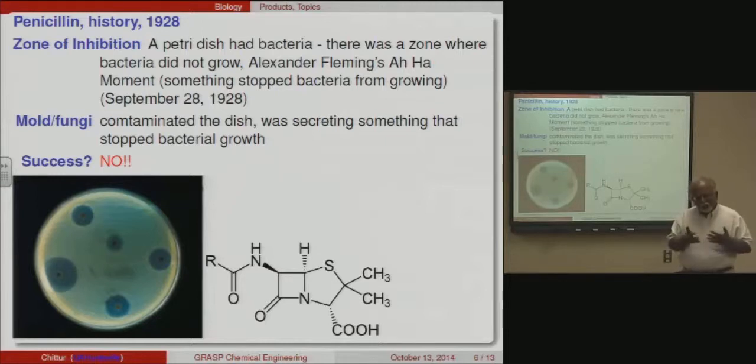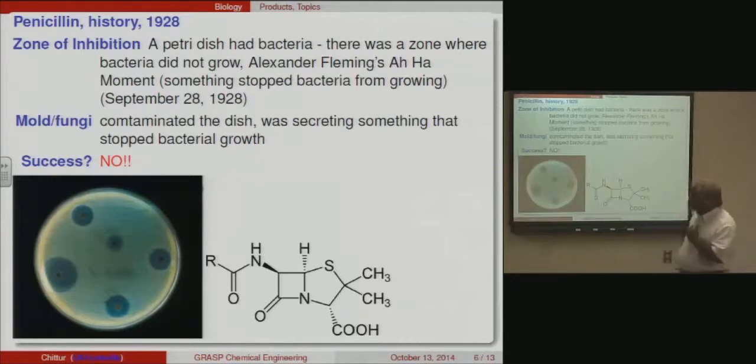So he said, why is the bacteria not growing there? He thought, is it a contaminant of some kind? Was something else in the petri dish secreting some chemical stopping the bacteria from growing? Anyway, to make a long story short, he discovered that there was a molecule in that zone of inhibition, as it is called, that was preventing the bacterium from growing. And that turned out to be penicillin.